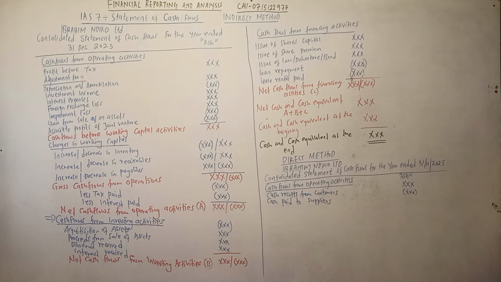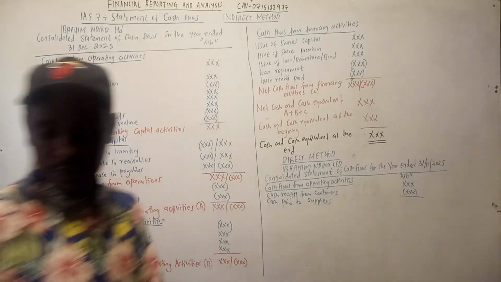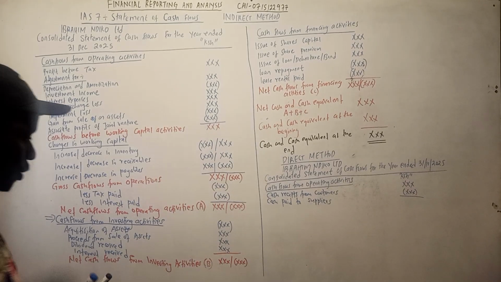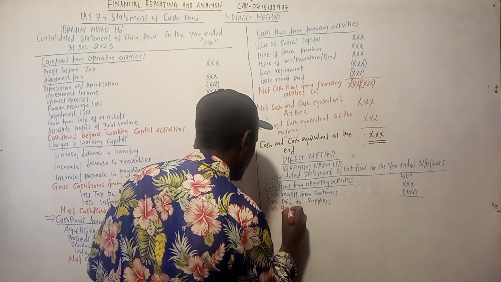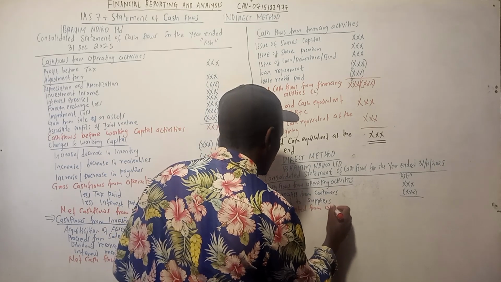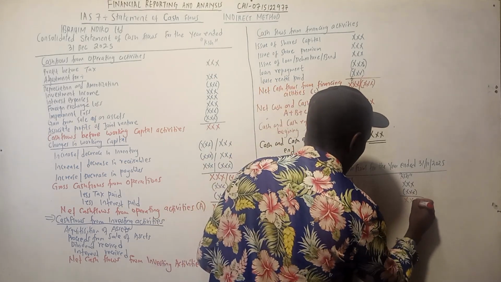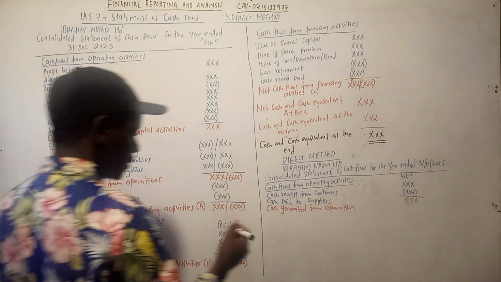Then from that one, you can get the cash generated from operation. Then you can less tax, and you can less also income tax and interest.